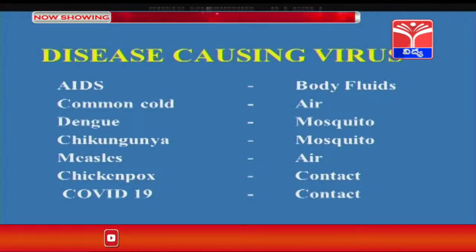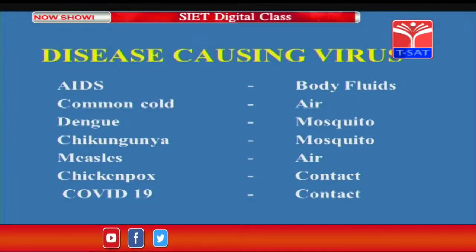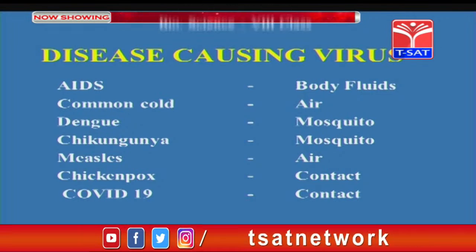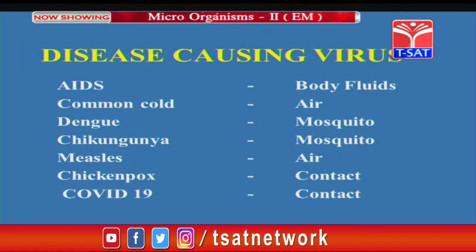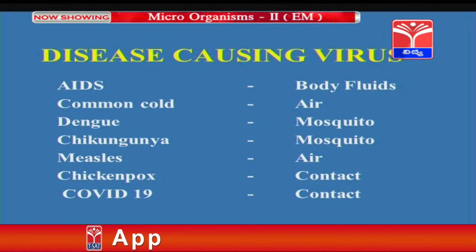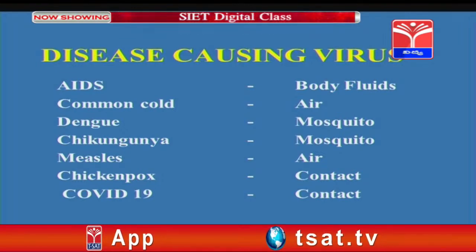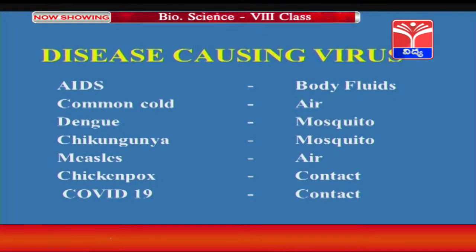Another disease caused by virus is measles. It spreads through air. Chickenpox spreads from one person to another when a healthy person comes into contact with a diseased person. COVID-19 is caused by coronavirus. How does it spread?